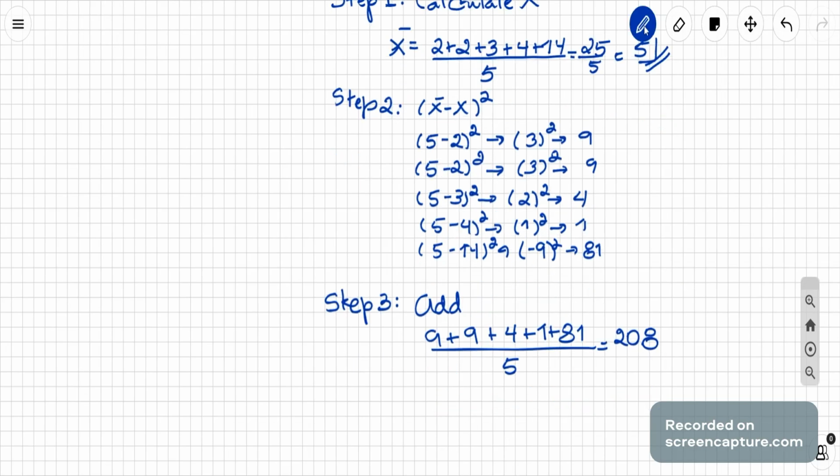I'm going to use red to write the solution. This sigma squared, which is how we denote our variance, equals 20.8. And I am done.